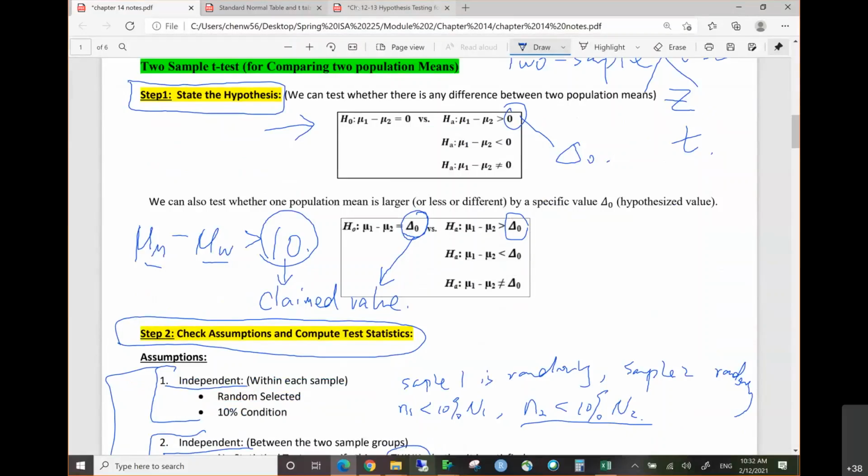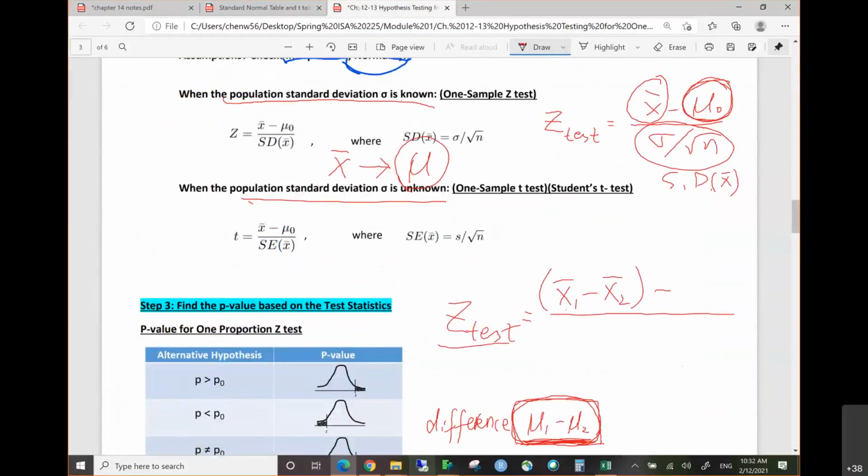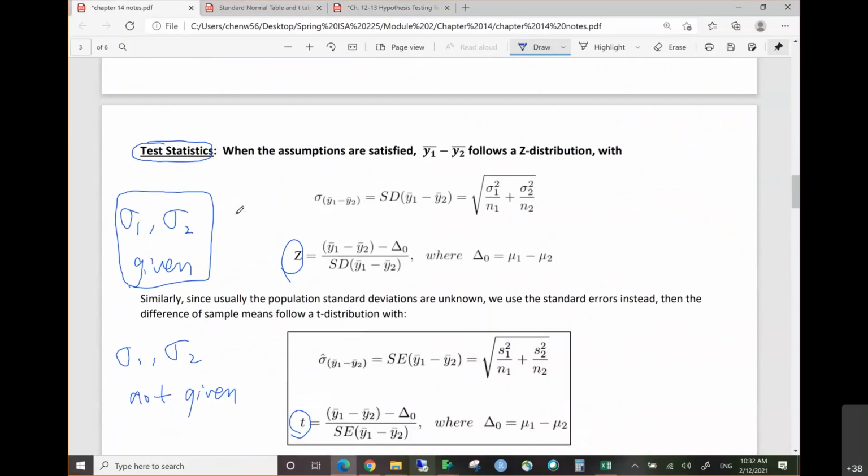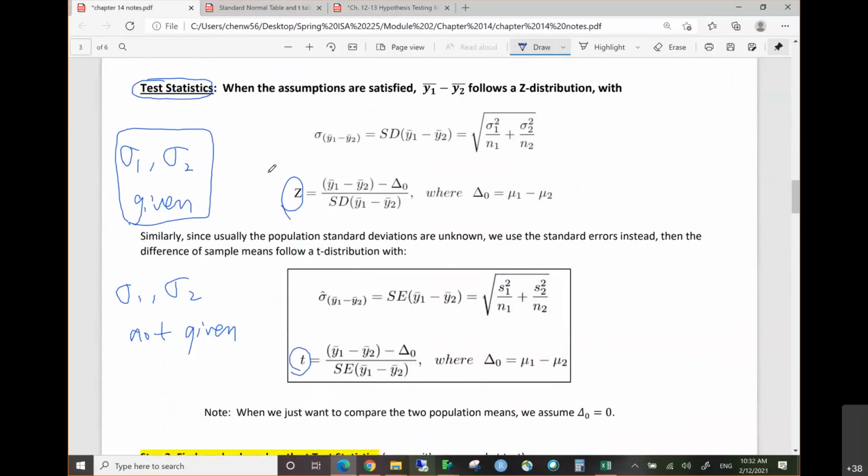So we can replace this mu zero by delta zero, our claimed value. And then divide by the standard deviation. Now this is the standard deviation of one sample. Now I want to calculate the standard deviation of the difference between these two. And then that will be the test statistics for two sample tests. So that will be our formula here.